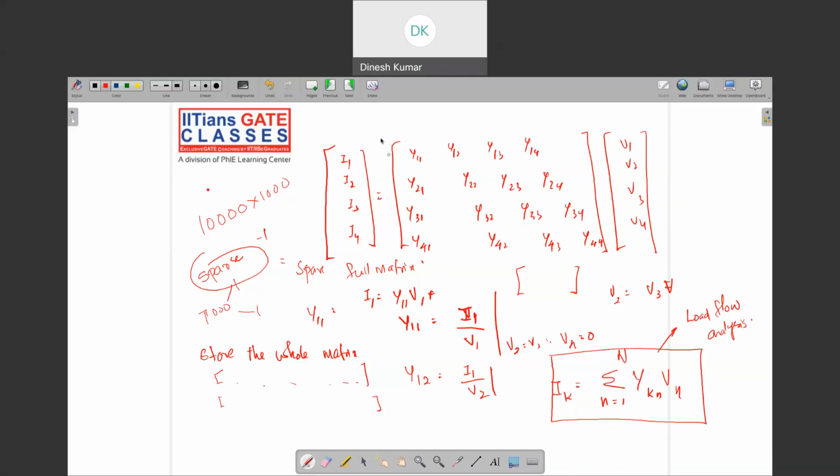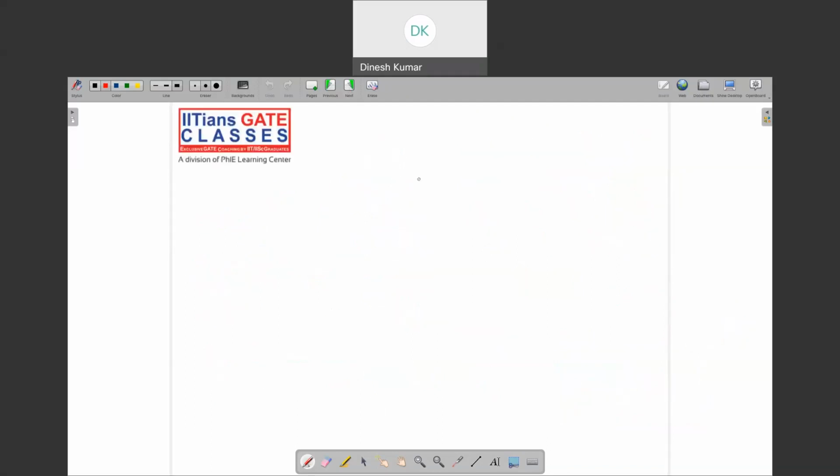Okay, so now we can look at another aspect of nodal analysis, that is known as node elimination. So what does node elimination mean? The last thing we have drawn is something like this: I1, I2, I3, I4 was 0, right?